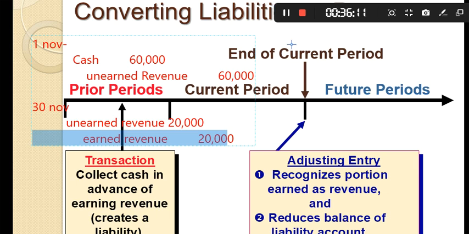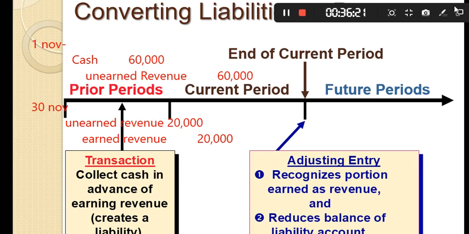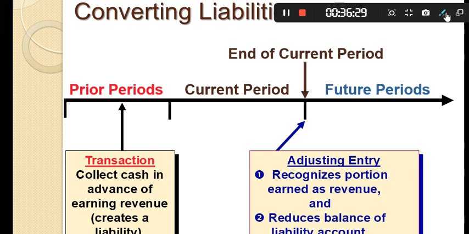This is basically converting liability to revenue. The other thing we discussed is converting asset to expense. And now we go to the next slides.